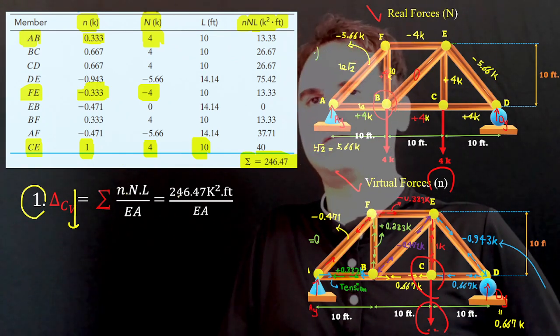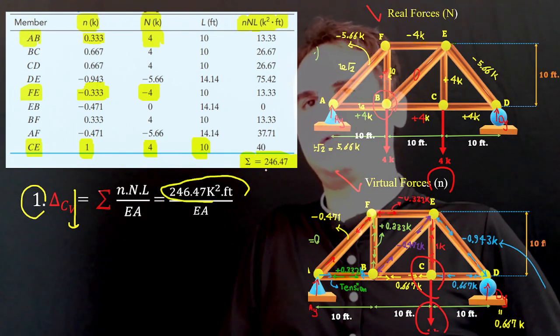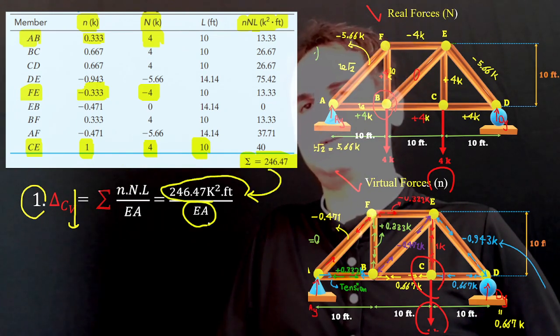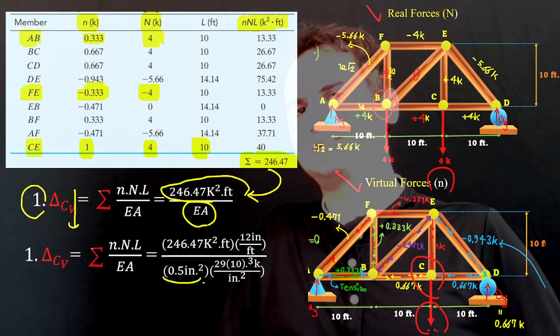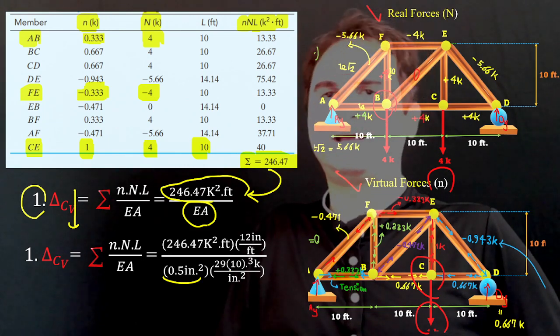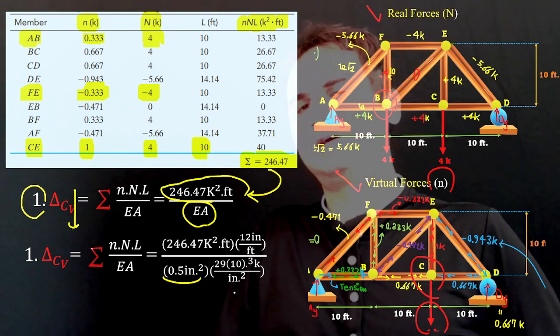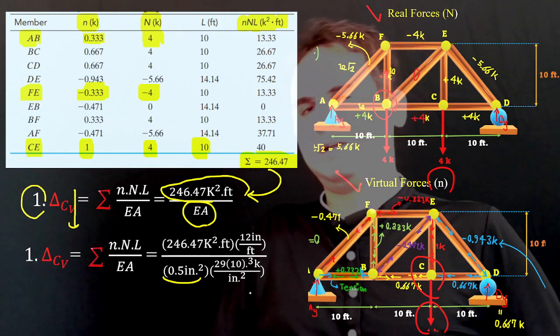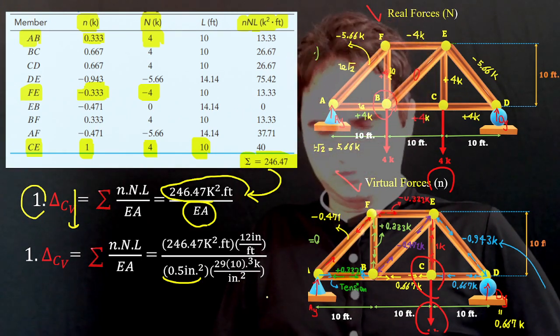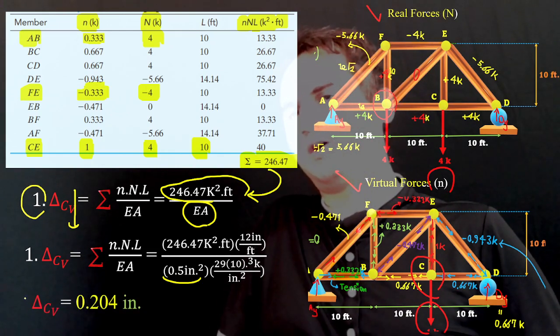Okay, so we have the numerator from here, and if we replace EA from the problem statement, all the member areas are 0.5 inches squared, and E for steel is 29 times 10 cubed KSI, and if you do the math, it gives you a downward delta C almost equal to 0.2 inches.